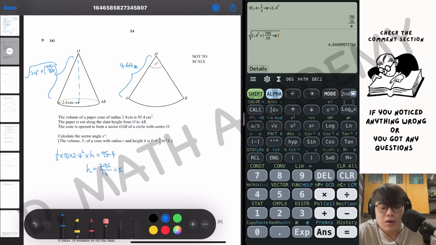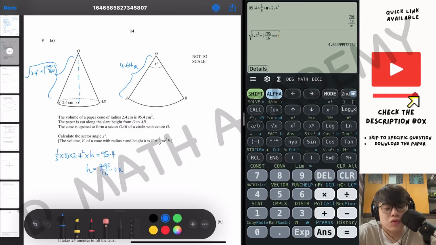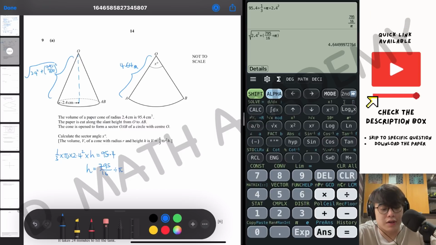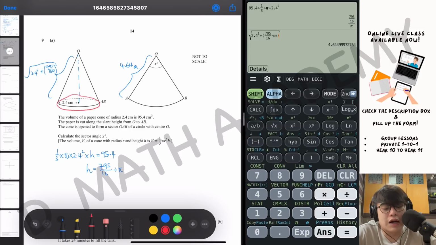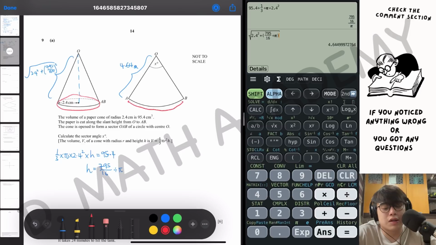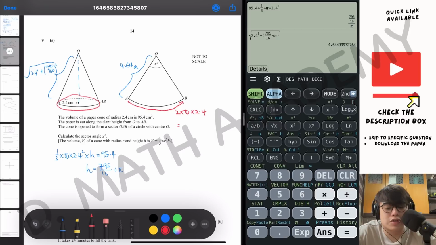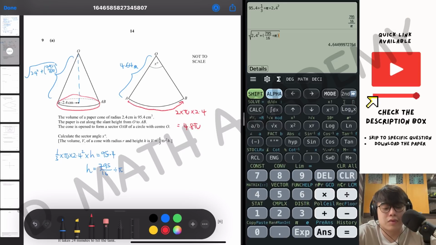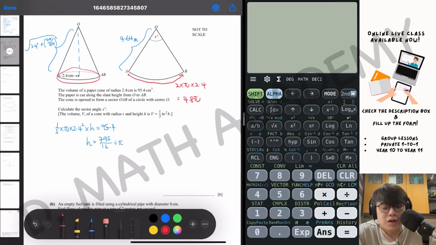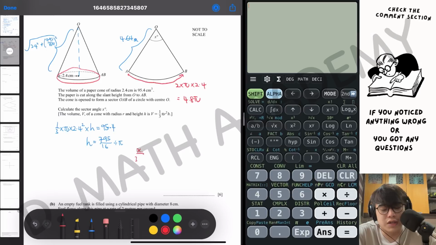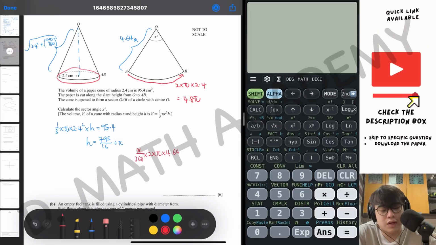And then with this information, what to do next is identify your AB here. Other than this, they also share the value of the arc length. So this is by calculating 2 times pi times 2.4. So we actually get 4.8 pi. So with this information sorted out, we can now write x over 360 times 2 times pi times 4.64, and it should result in 4.8 pi.